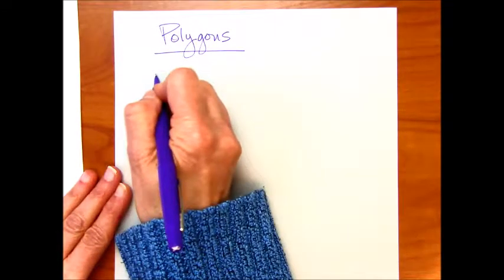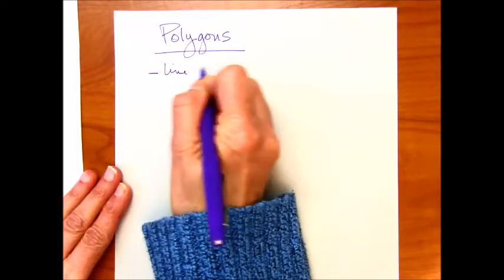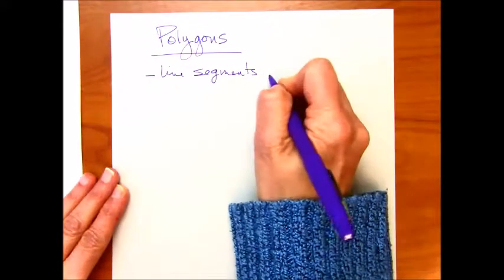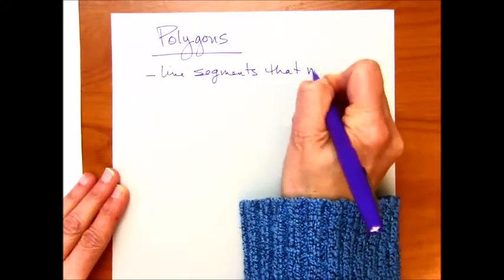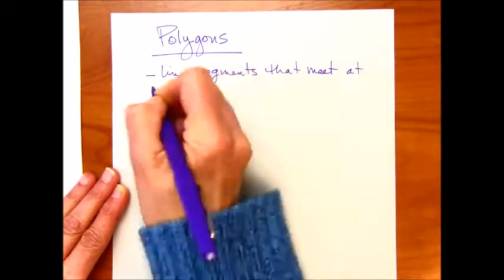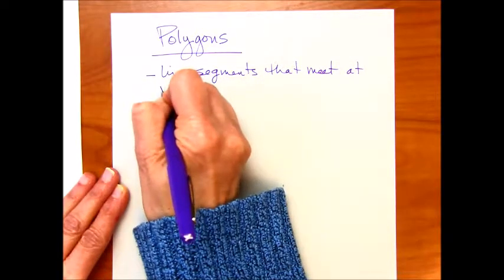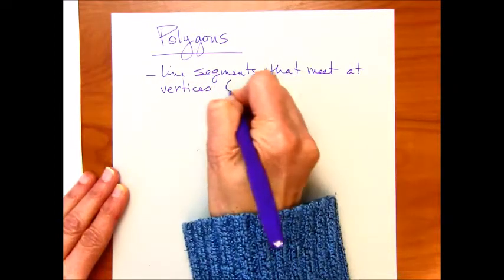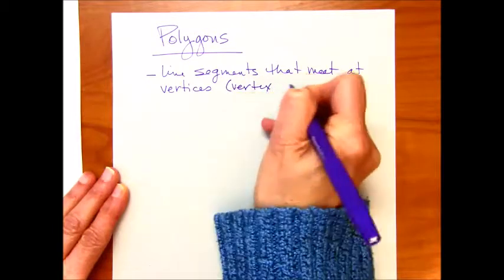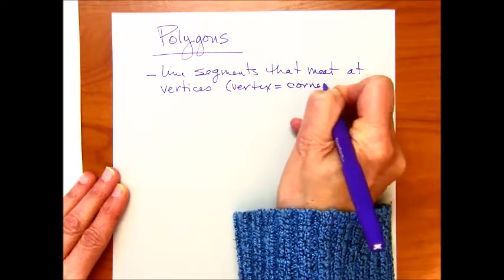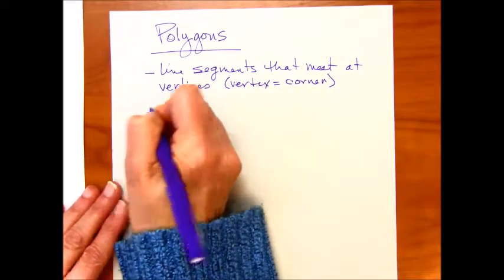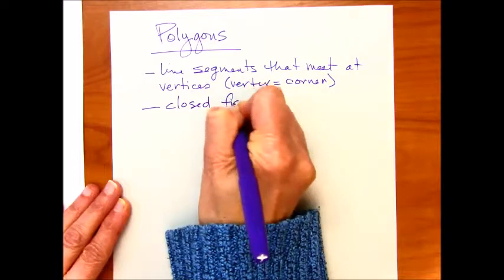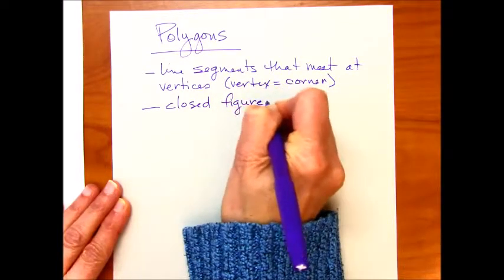It's made up of line segments that meet at corners, which I'm going to say at vertex or vertices. Vertices is the plural of vertex. Vertex is like the corner. And it's a closed figure, meaning there's no gaps.